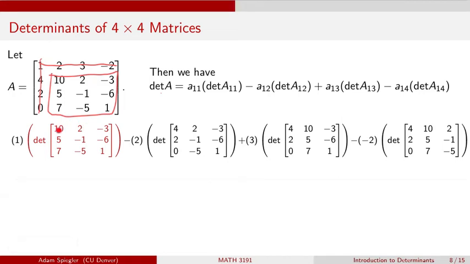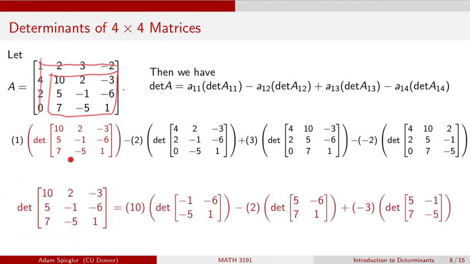And now each of these submatrices is 3 by 3. So for this first submatrix A11, to calculate its determinant, we would need to calculate the determinant of 3 2 by 2 matrices. And then this is what I would plug in place over here. And then we would still need to do that same calculation for each of these submatrices.